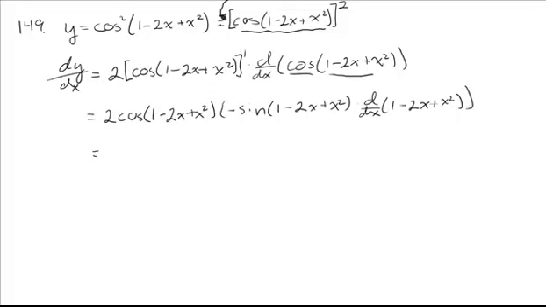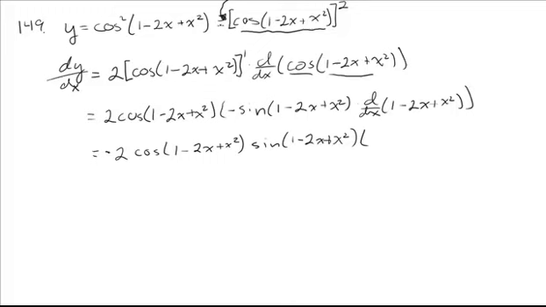Maybe worth our time to go ahead and pull this negative out front. So right now we've got a negative 2 cosine of 1 minus 2x plus x squared, sine of 1 minus 2x plus x squared. And now we're going to do the derivative of this polynomial piece by piece.